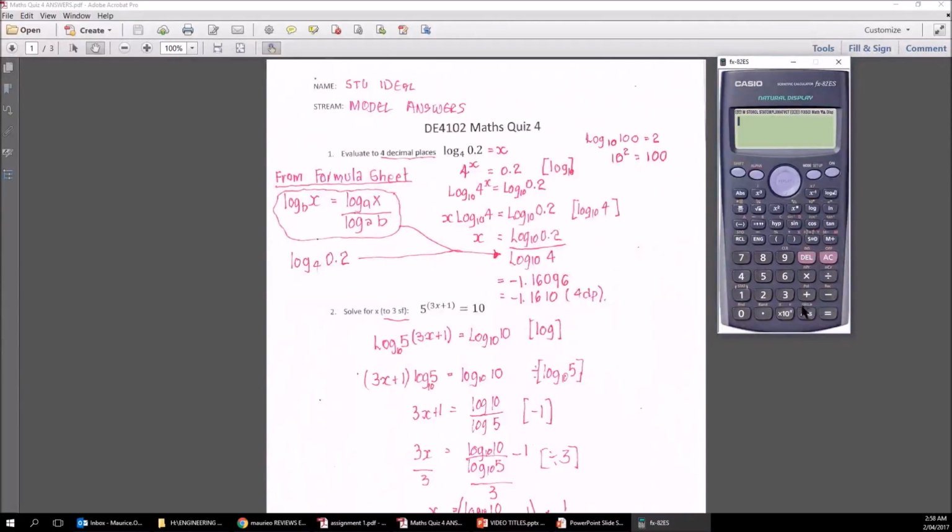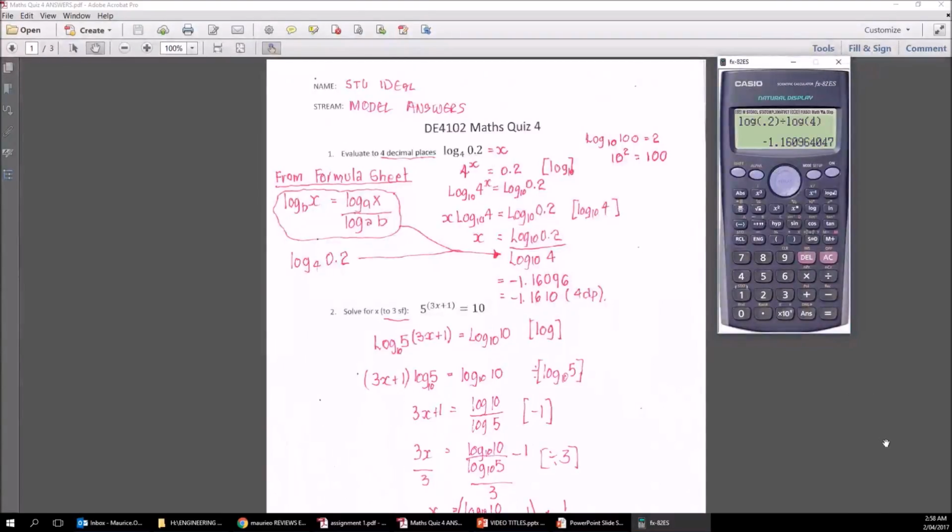So we'll go to the calculator, and we're going to go log to the base 10, this one here, log 0.2, close the brackets, divided by log of 4, close the brackets, equals.